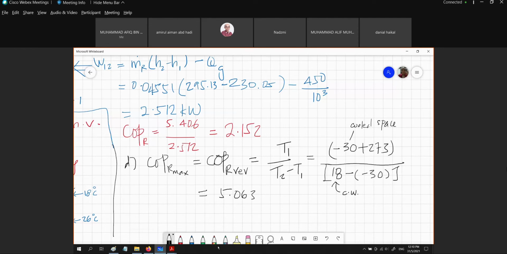And then I add up one more question. What is the COPHP? The COPHP is equal to the COPR plus 1. So COPR is 2 something, then plus 1. This is 2.152 plus 1 is equal to 3.152. Okay.